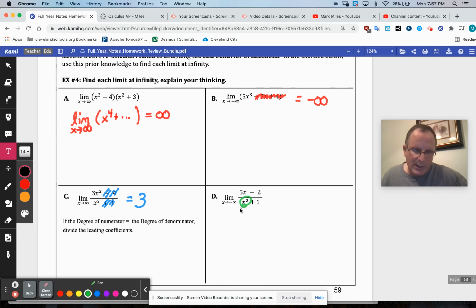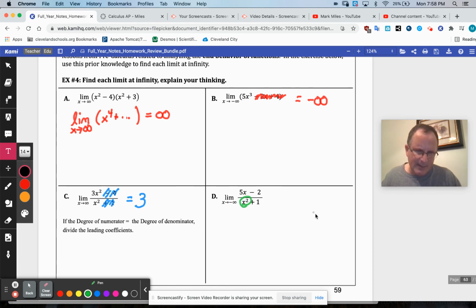And so as it gets larger and larger, this fraction becomes closer and closer to zero. It never will be zero, but it gets closer and closer to zero. It doesn't matter from above or below. As you're traveling to the left, you'll have negative values. This would be a negative over a positive.